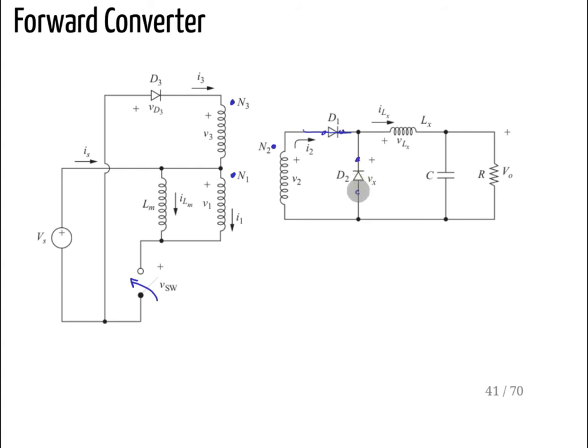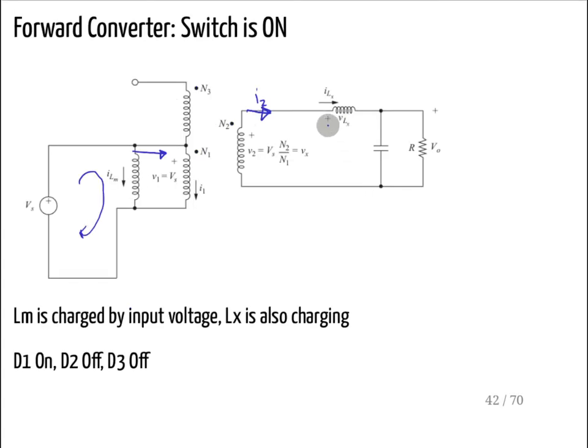That diode is on, but the other one is reverse biased, so that one is off. Here we have the other diode, and that one is charging my LX. So LX is charging, and again, let me write it for the sake of completeness.